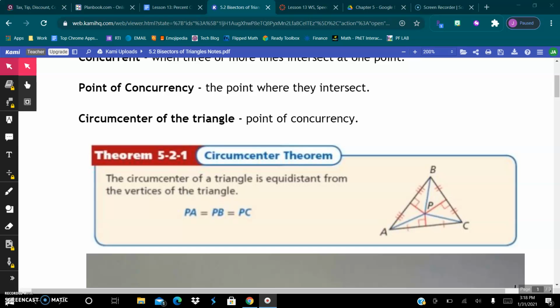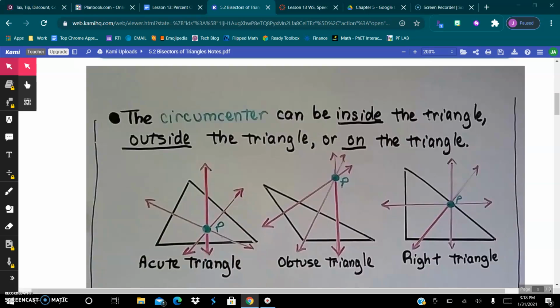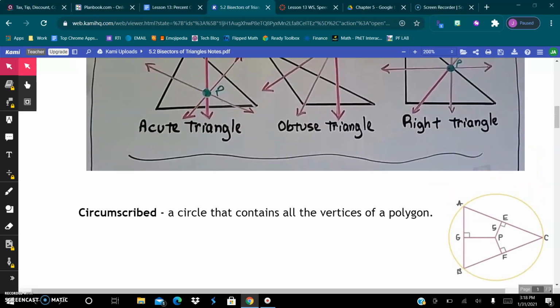You can also draw from the vertices of the triangle, and those will go through that point too. They're saying the blue lines here are all the same length.